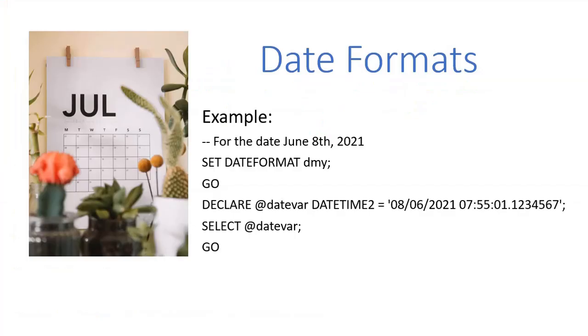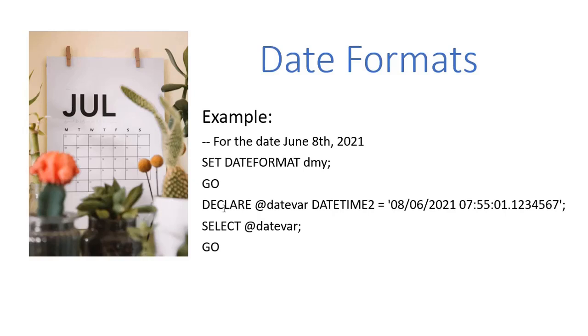The next thing to cover is date formats. You can set a specific format at the start of your session depending on the format of your data. Let's imagine for a moment that your data is coming in a day, month, year format. So I can set the format to be day, month, year, choose go. That means that it takes effect.